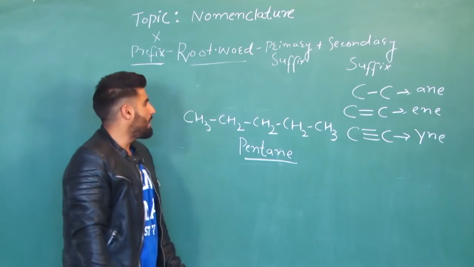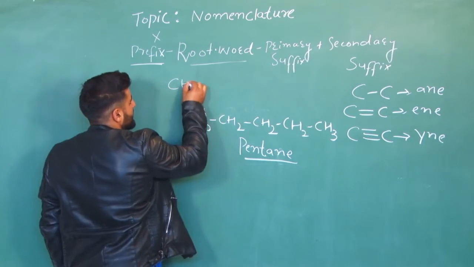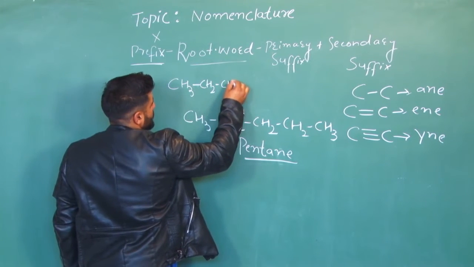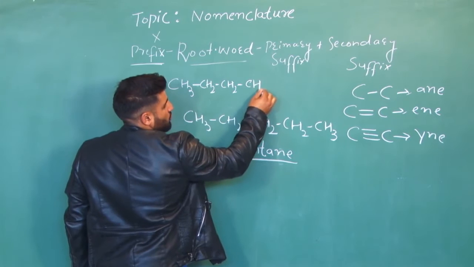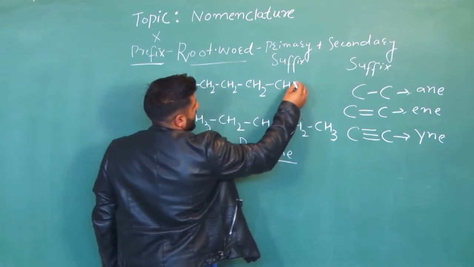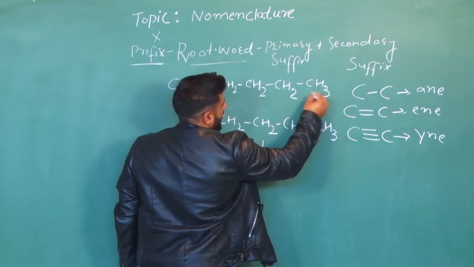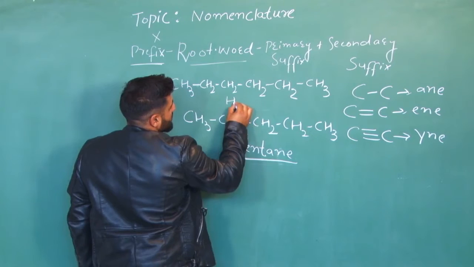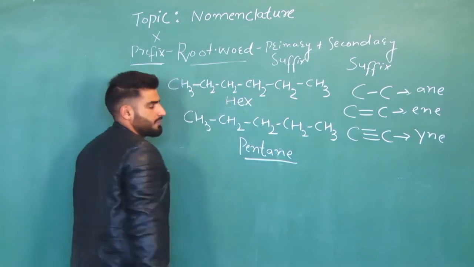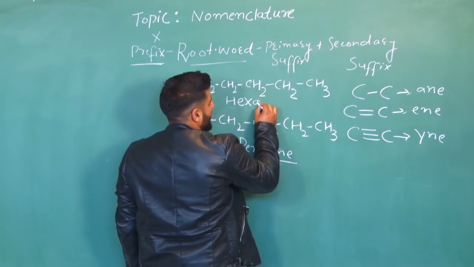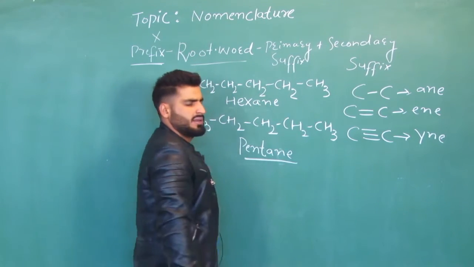If I take this compound, CH3, CH2, CH2, CH2, CH2, and then CH3, now I have 6 carbon atoms. For 6 carbon atoms, we use the root word hex, and primary suffix ane, only single bonds. So this is hexane.